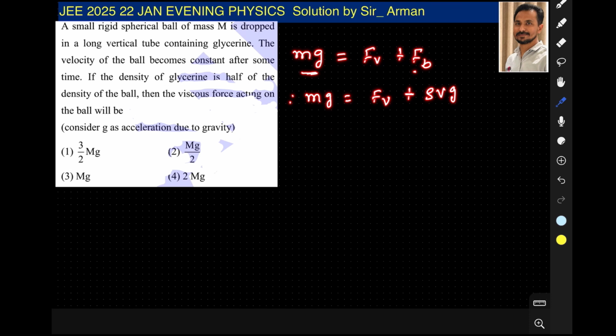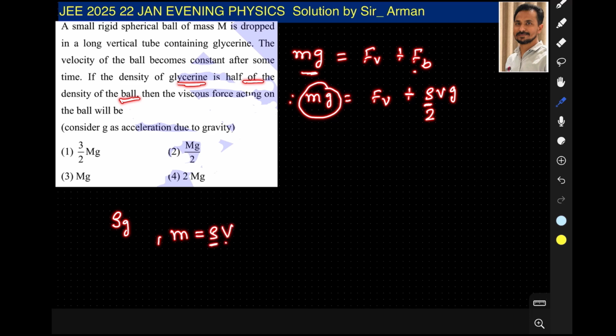But in the question it is given that the density of glycerine is half the density of the ball. Okay, so let us assume the density of the ball is rho, then the density of the glycerine will be rho by 2. And mg, m is mass, so mass can be written as density into volume.